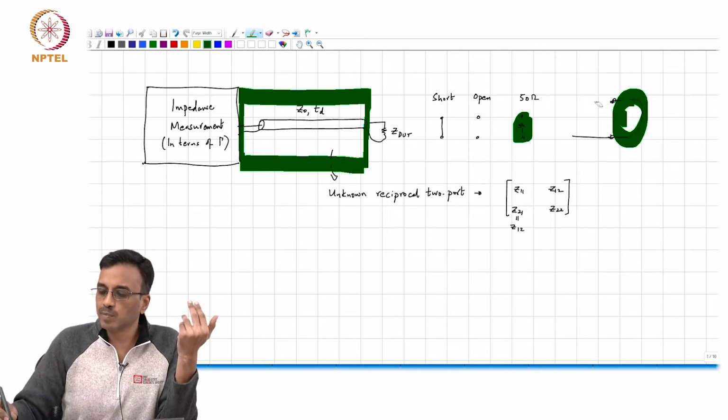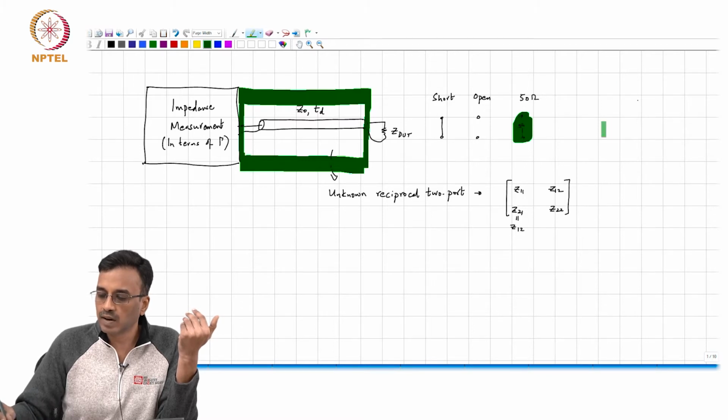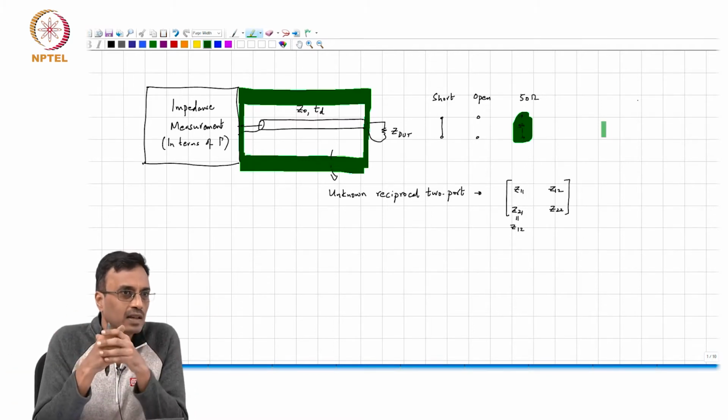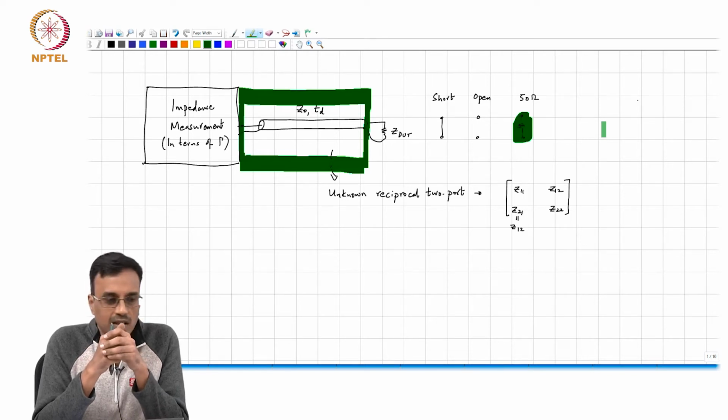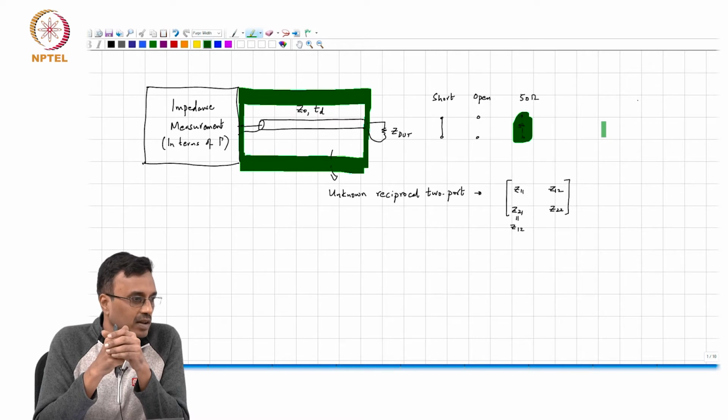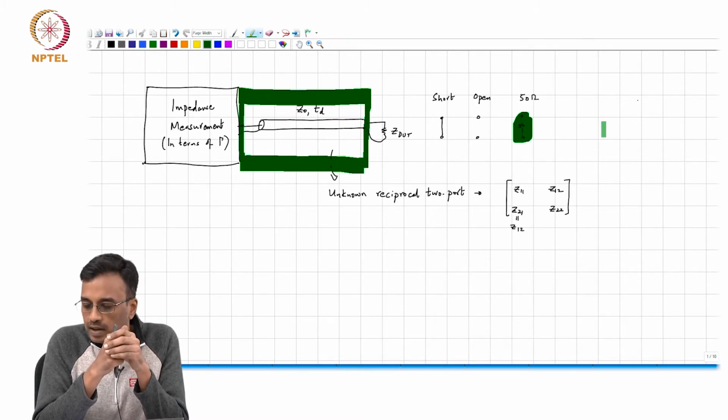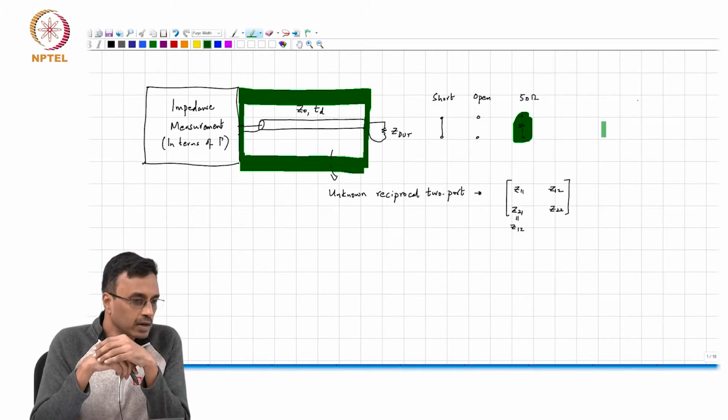So a short circuit is simply not arbitrarily taking 2 points and connecting them with a wire. It has to be engineered properly so that it is truly a short circuit, and there is obviously some art to it. It is not straightforward, right? And likewise with an open circuit, and likewise with the 50 ohms, right?